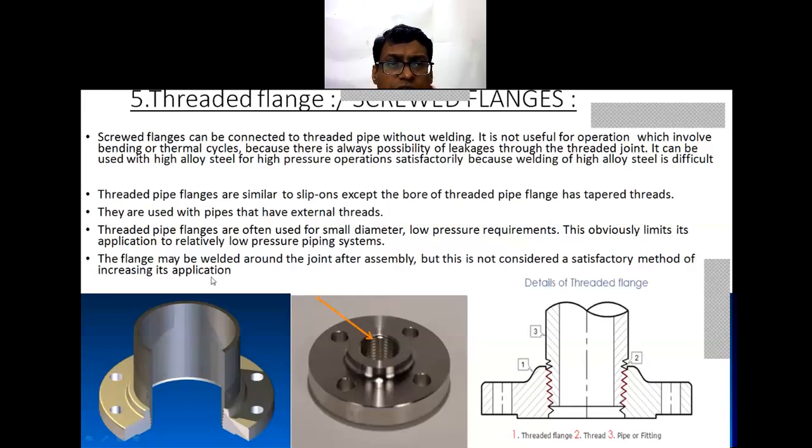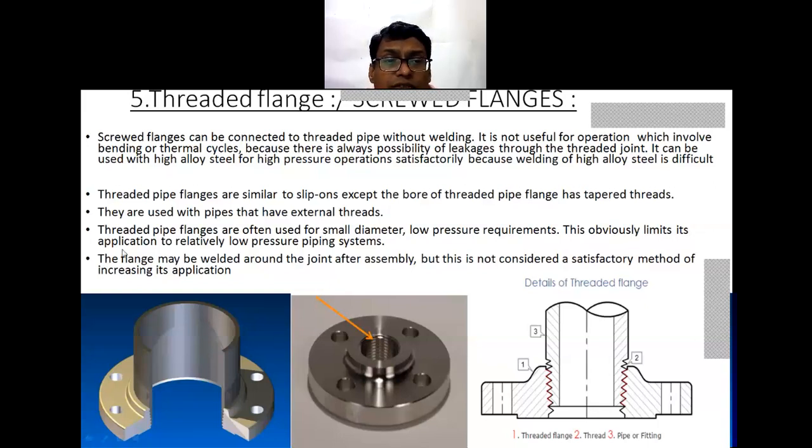So these threaded pipe flanges are similar to the slip-on, except the bore of the threaded pipe flange has tapered threads. The pipe does not fully slip in, but it has the threads and can be properly fitted.